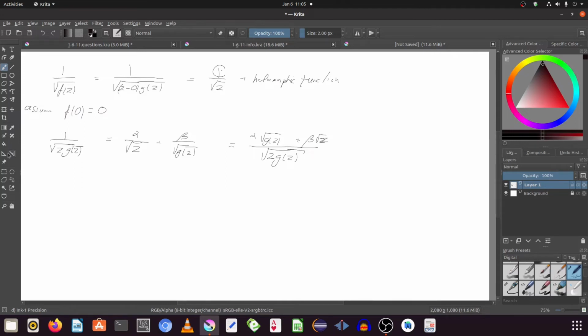We could write it another way, say it's 1 divided by square root z d of z, and then isolate f of z. I've been teaching in high school too long.